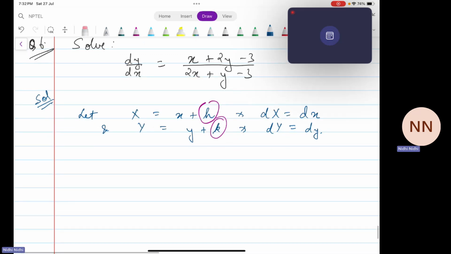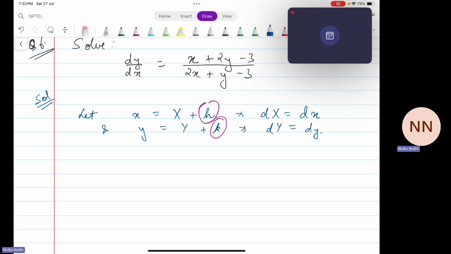There was a slight mistake. We'll take small x to be capital X plus h, small y to be capital Y plus k.